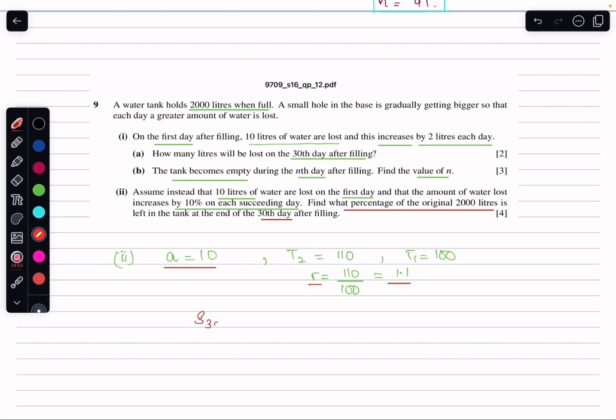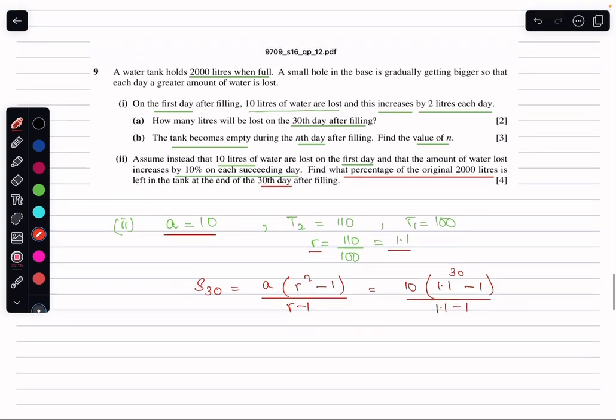S of 30 for the geometric progression is going to be a times r to the power n minus 1, divided by r minus 1. Substituting the values, it's 10 and 1.1, n is 30 here, minus 1, divided by 1.1 minus 1.